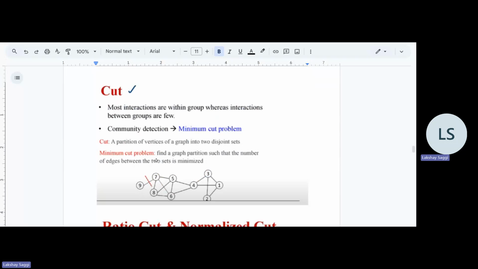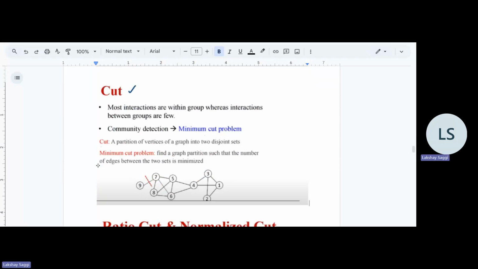Because what's a minimum cut problem? We have to find a graph partition such that the number of edges between two sets is minimized. So a cut is a partition of vertices into two disjoint sets, and let's say these two disjoint sets correspond to two communities in which we are dividing the graph. Since we want interactions between communities to be as few as possible, we want the edges going between these two disjoint sets to be minimum.